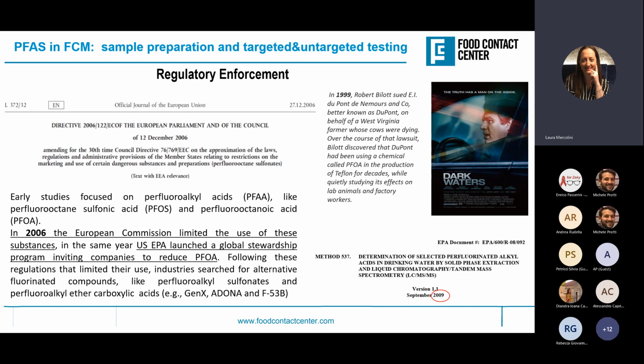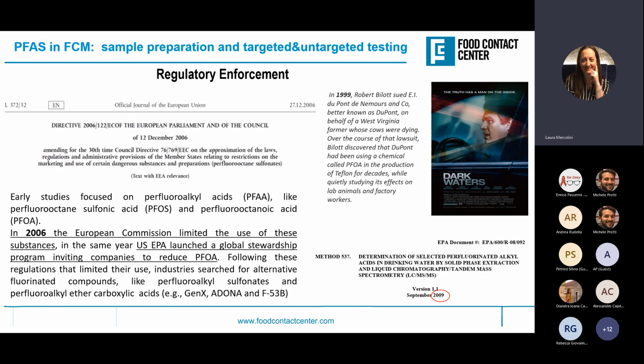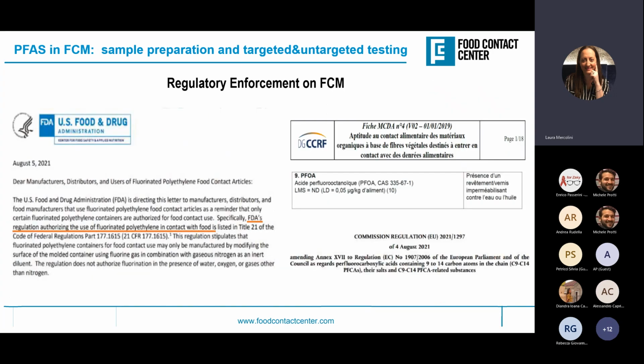In the movie and also in the book, it is clarified that at the beginning the EPA was trying to deny toxicity, but then something like 10 years ago we had the first release of EPA method 537, which is one of the methods most used in our field.